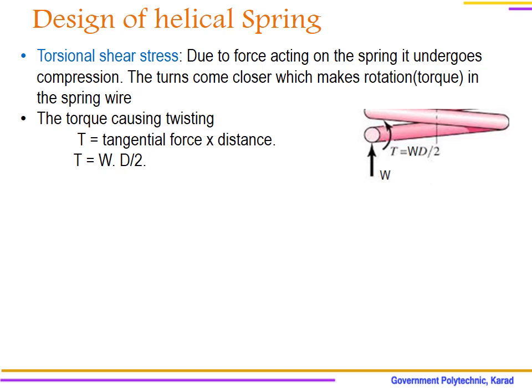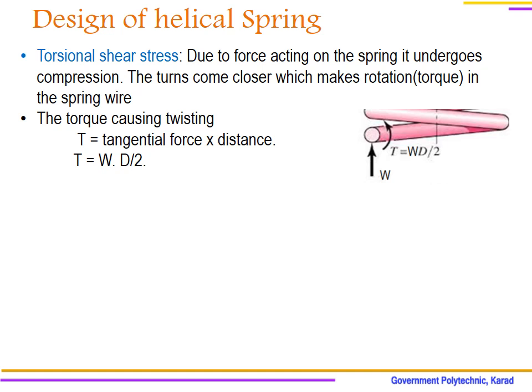W is the load acting on the spring, and that load W causes deflection in the spring. So we may imagine it as an angular displacement of the spring wire. The force is acting at a distance capital D by 2. Capital D is the mean coil diameter, is it?